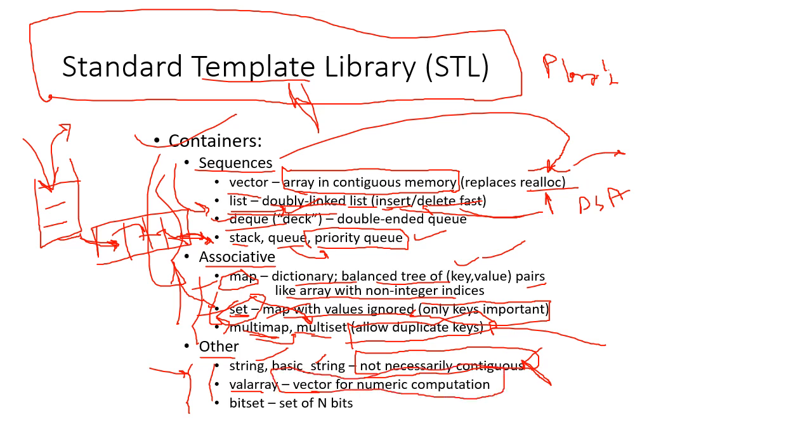I guess I told you in detail in the C programming lectures about what a vector for numeric computation is. For numeric computation we are going to use valarray. Then bitset, which is nothing but a set of n bits. It is very clear, the last one was very easy.